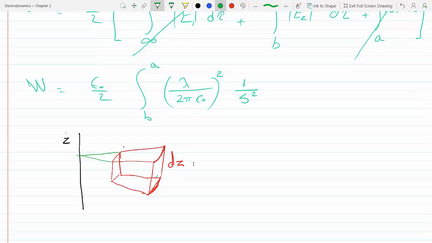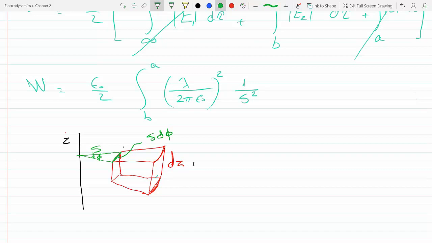Let's use phi, because you're integrating around the entire cylinder. Remember the distance from here to here is s. So this piece here would be s d phi, right? Because this is really an elemental angle.